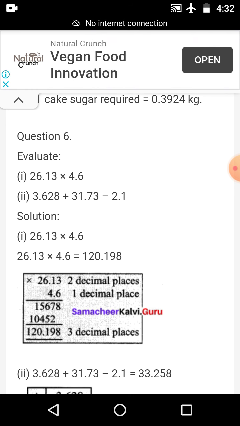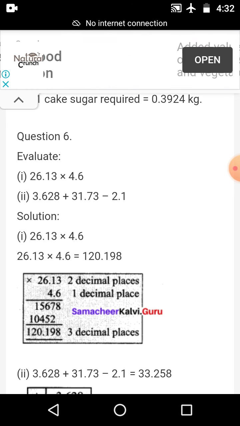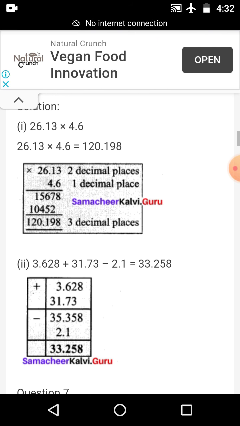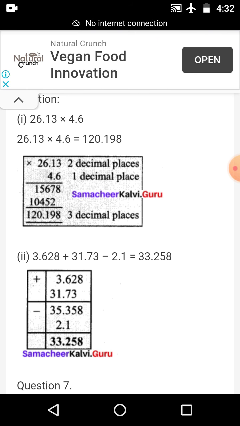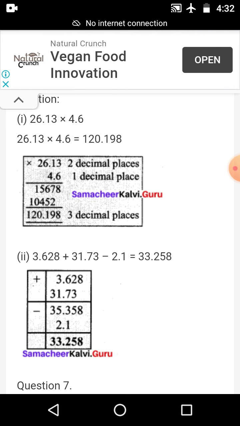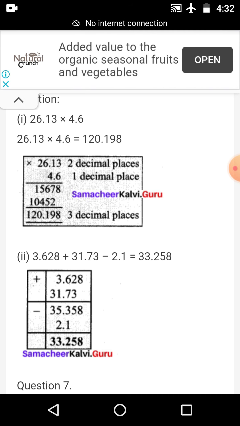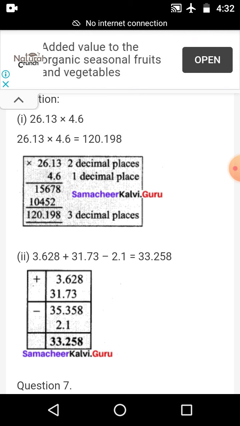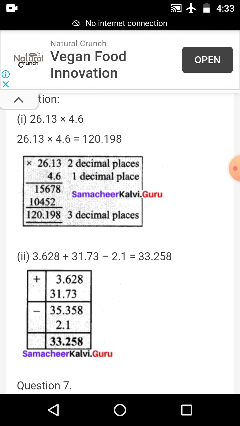See the question number 6. Evaluate. First subdivision: 26.13 multiplied by 4.6. See the solution. There are 2 decimal places here, 1 decimal place here. First of all you multiply normally, and in the final answer you have to put the decimal point 3 decimal places from the right to left.